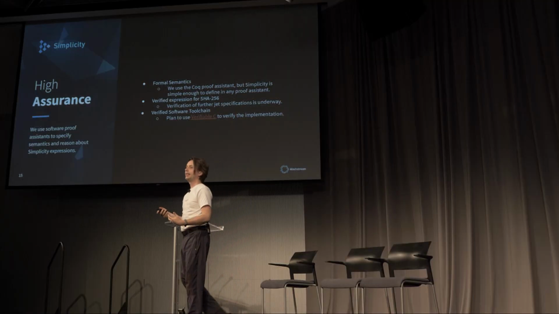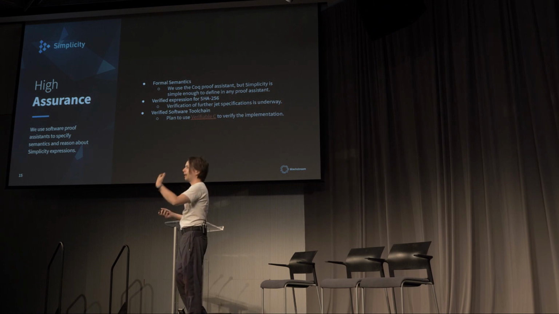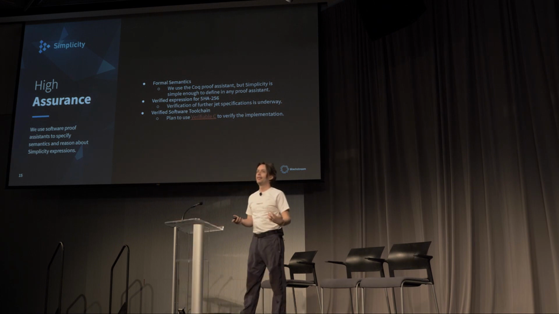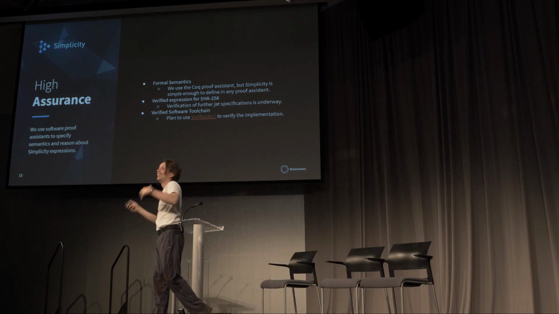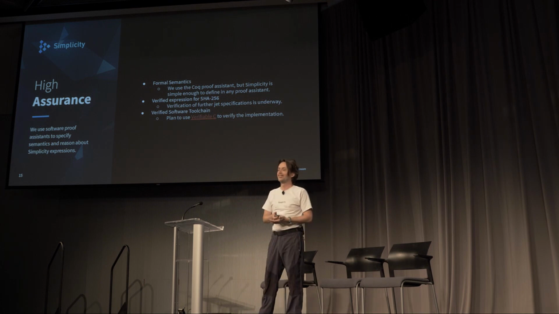In addition to that, having a formal specification of Simplicity is great on one hand, right? But when you implement it in C, and C becomes your consensus implementation, then if your C code doesn't match the formal description I've given of Simplicity, it turns out your consensus-critical C code is the actual definition of what you're doing, not whatever I put on a bunch of slides or on a t-shirt. So our proposed solution is to use, again, the Verifiable C component of the Verified Software Toolchain that's being developed at Princeton.